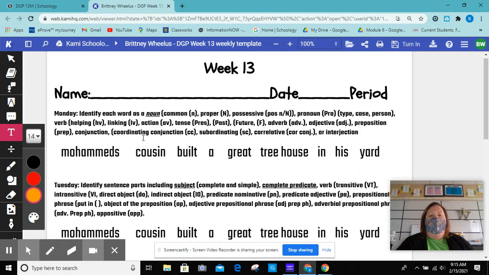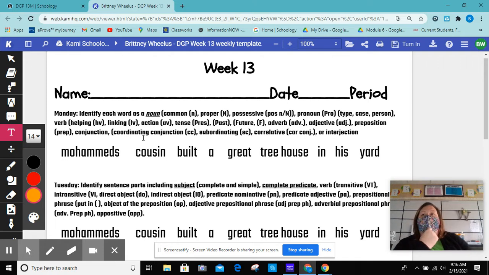All right, Mohammed's cousin built a great tree house in his yard. Okay, I want you to look at this sentence. I want you to identify all of the common nouns first.